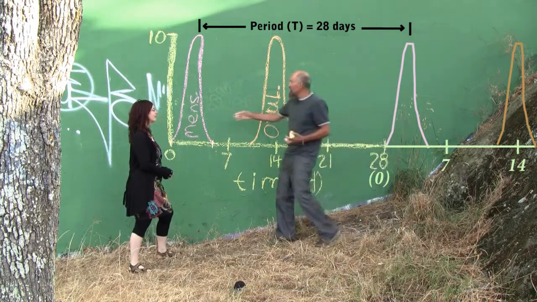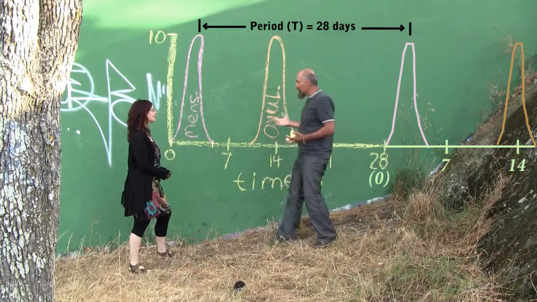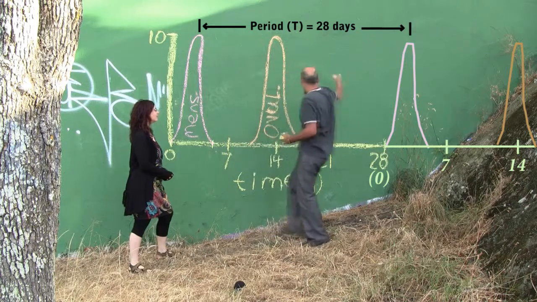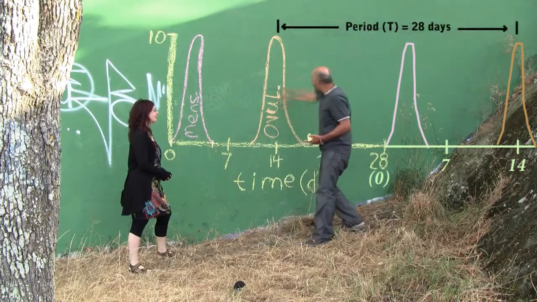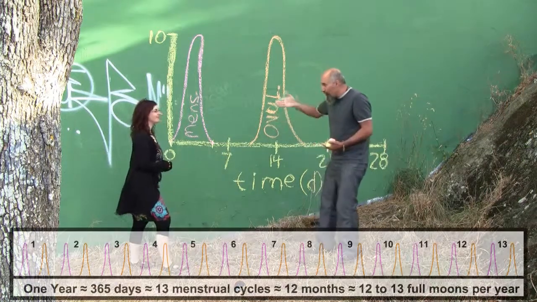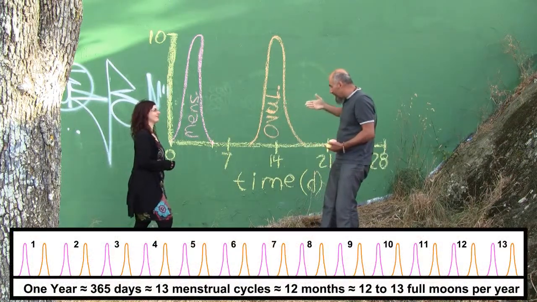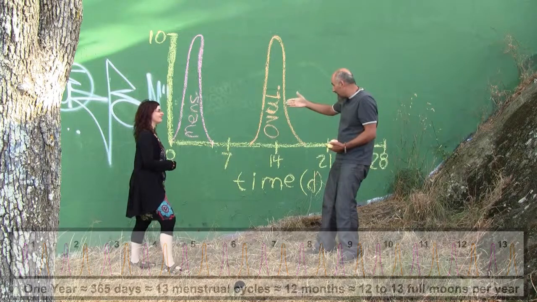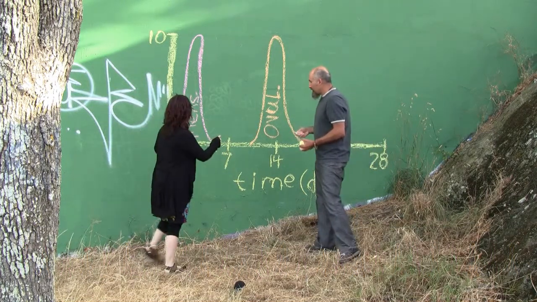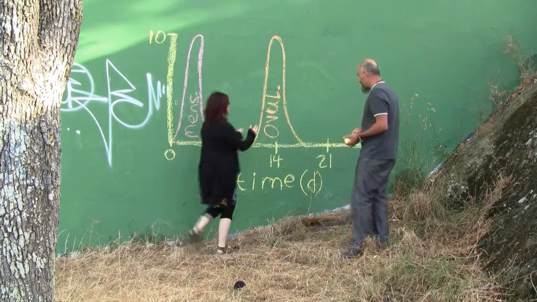If this is the cycle of something else, the period of the cycle is 28 days. So there's a menstruation period of 28, and there's an ovulation period of 28. You just put it back to back, and that's 13 periods, 13 times it happens.